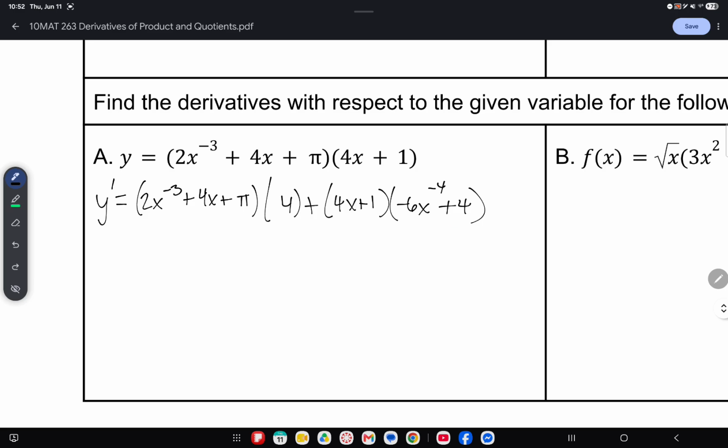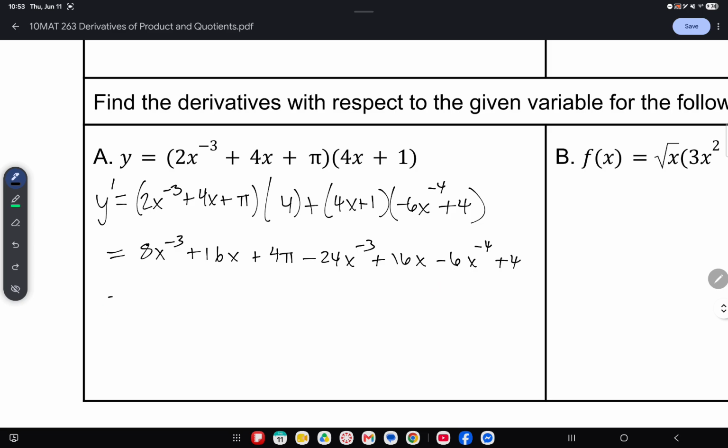And then let's distribute, see if anything will combine nicely. So we get 8x to the negative 3 plus 16x plus 4 pi. And then we'd have, oh, that would be a minus 24x to the negative 3 plus 16x minus 6x to the negative 4 plus 4.